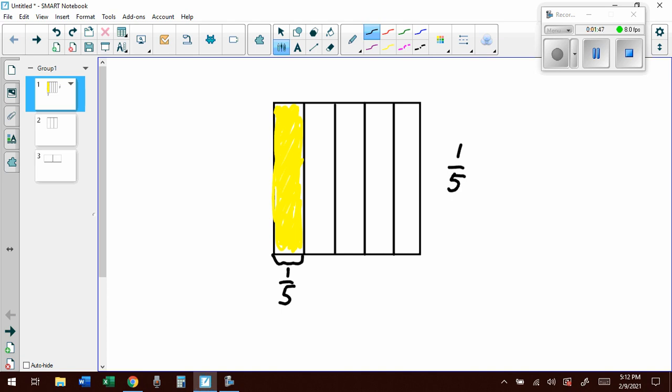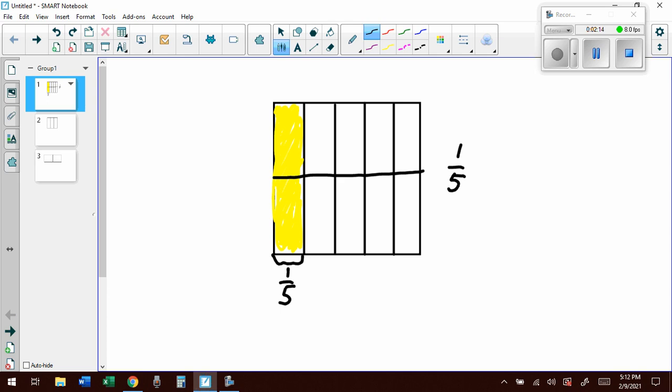Now I want to show that 1/5 is equivalent to something tenths. 2/10 to be exact. And how am I going to do that? We're going to start using an area model idea. You can rotate your paper to get a good line. Cut in half.